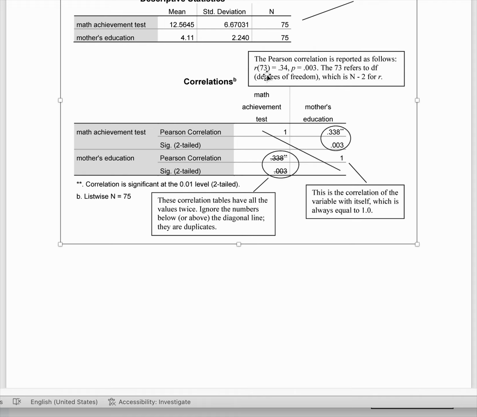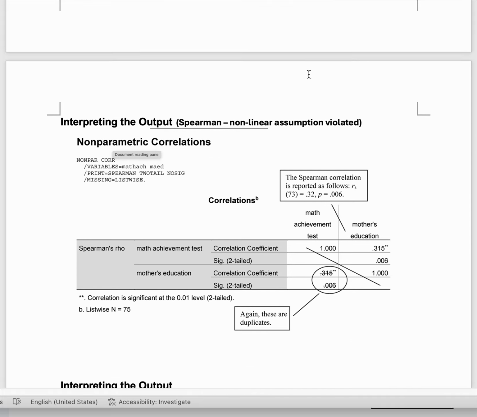That 73 is coming from n minus 2. So I had 75 minus 2, which is 73. That is the piece that you need to look at. I have a positive relationship because that r is positive, and I have a significance of 0.003.